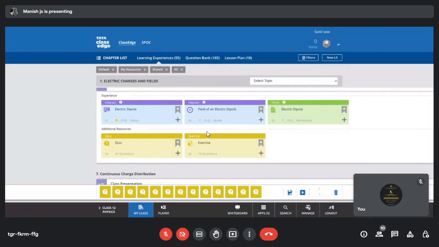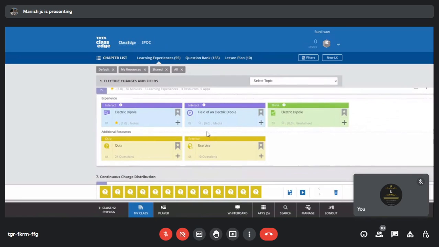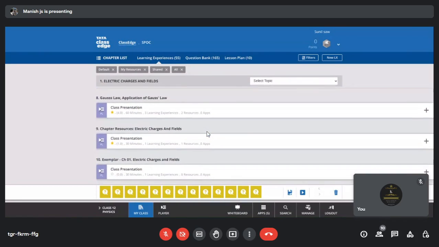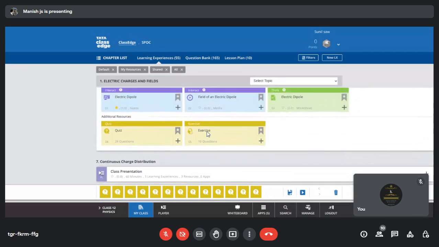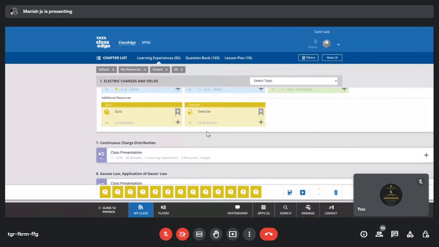The electric dipole is the electric field due to two charges which are equal in magnitude but opposite in sign, separated by a distance of r in space. So that's the field of an electric dipole. That is the basic idea. We don't have any formulas for that. That's just a small concept.